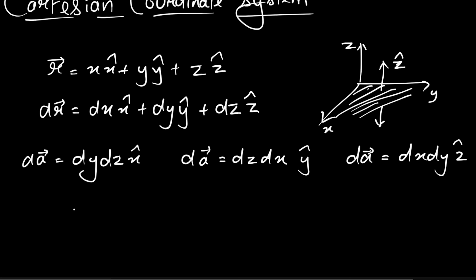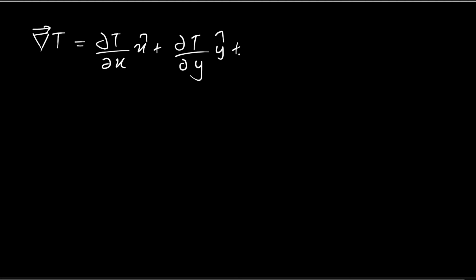Okay, and then we have the volume element, and it is simply dx, dy and dz. So simple. And this is the T. I want to find out the gradient of this scalar T. T is any scalar quantity, and it simply gives you curly T by curly x, x cap, plus curly T by curly y, y cap, and curly T by curly z, z cap.